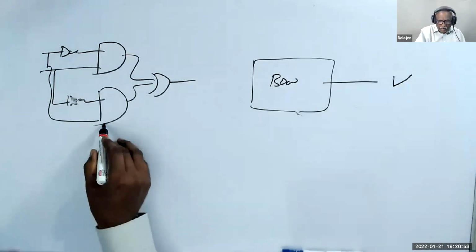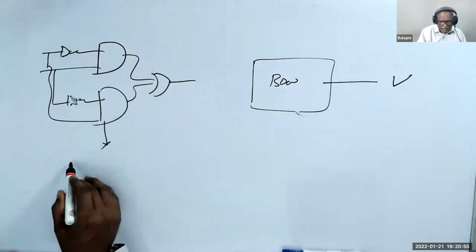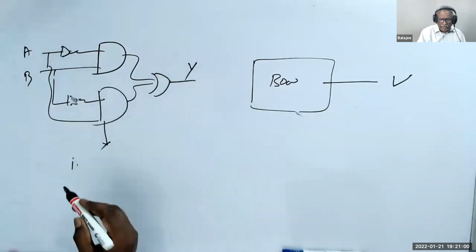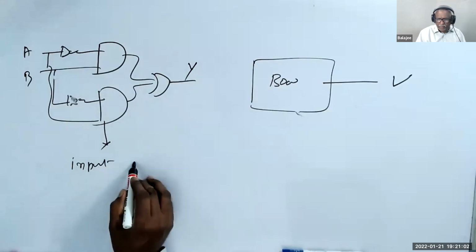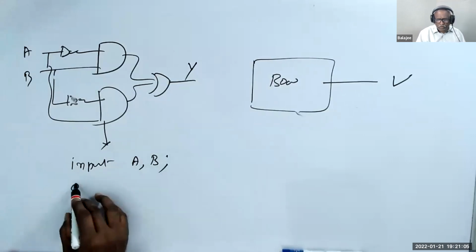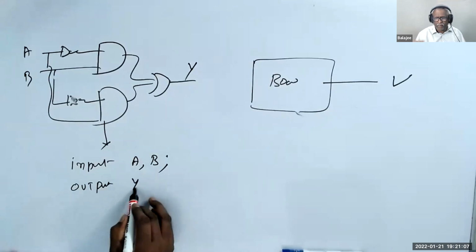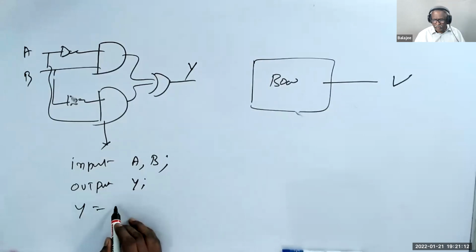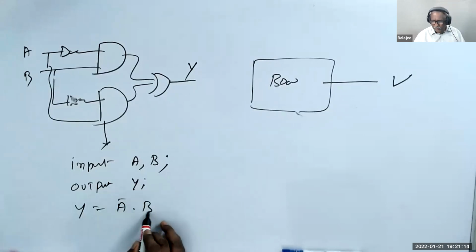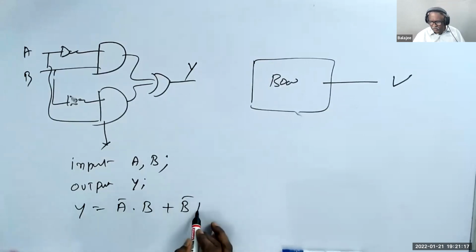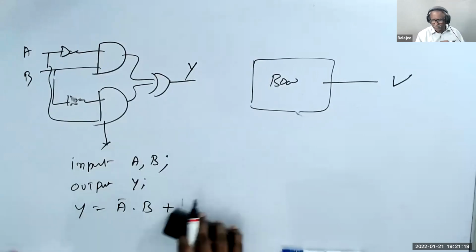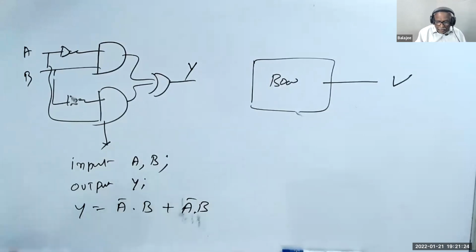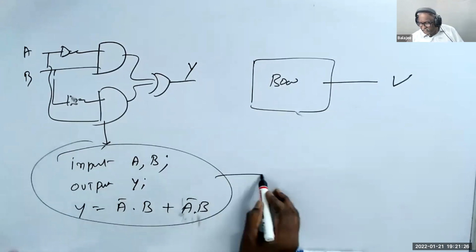Or write the diagram as: input A, B, output Y, and Y is equal to A bar B plus B bar A, or A B bar, whatever it is. Now you write like this and put it inside the chip.